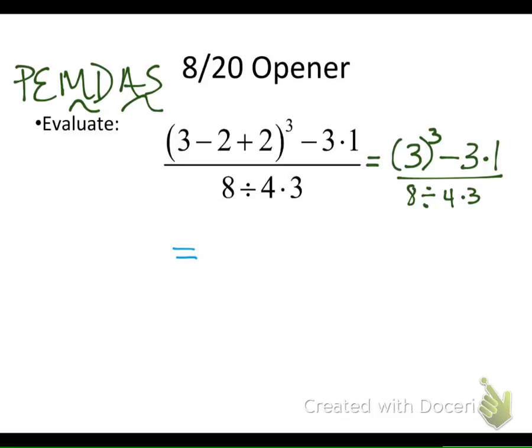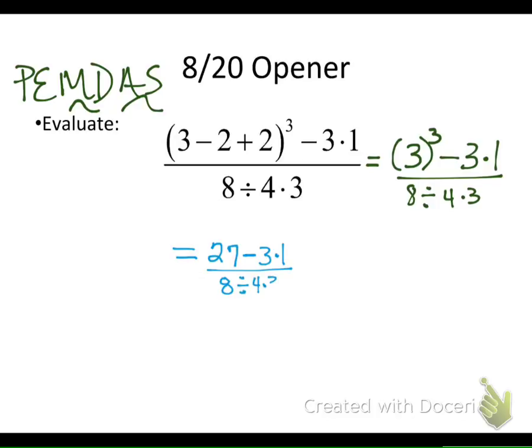So what's 3 times 3 times 3? 3 times 3 is? And then 9 times 3 is? 27. So now I'm going to have 27. And what else do I write up here? Minus. Okay. And then my bottom stays 8 divided by 4 times 3.